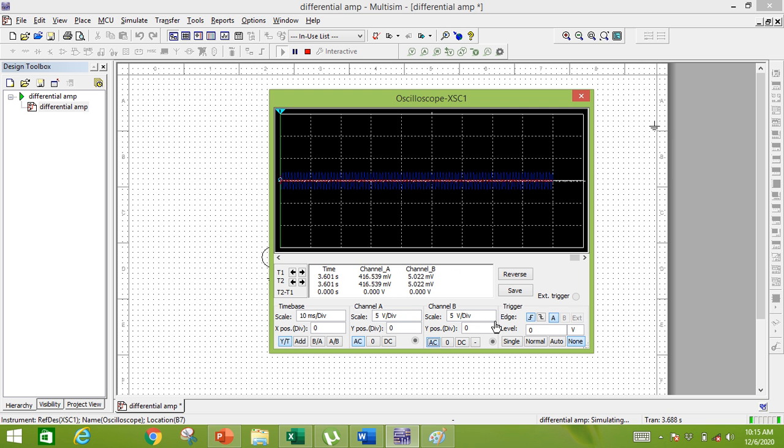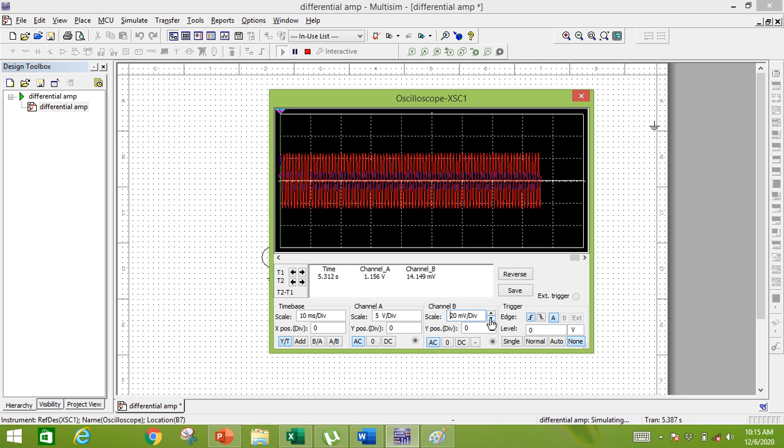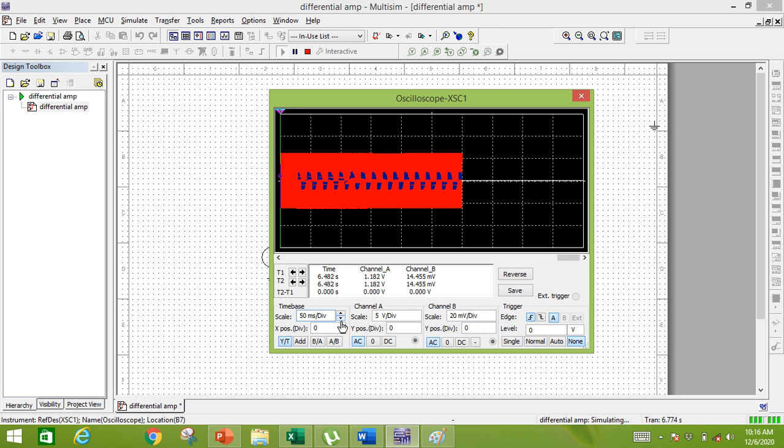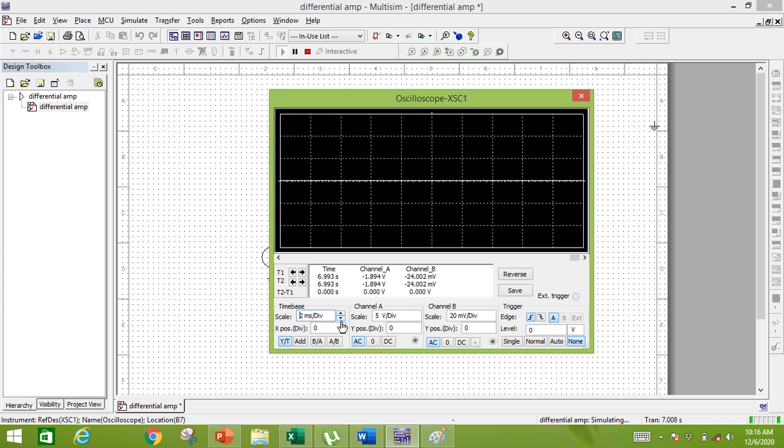Channel B, let me change the scale of channel B, that is in millivolts. So I will change it into 50 millivolts. Whereas let me change the time. That is okay.